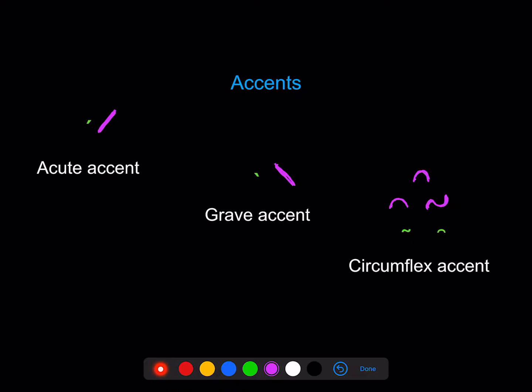But a lot of the fonts you'll see write them like that. Okay, so what the Greek accents meant, they're pitch accents. And so an acute accent means that you're raising the pitch on that syllable, either a third or a fifth. A circumflex accent means that the pitch is raised and then lowered over the same syllable.